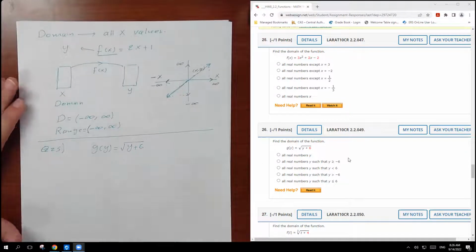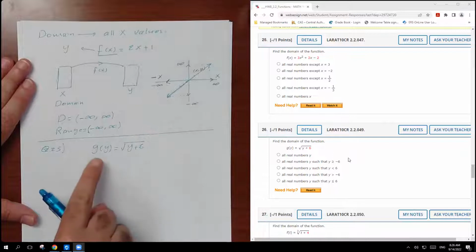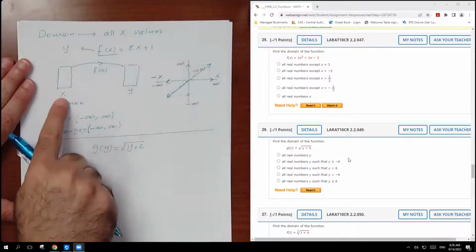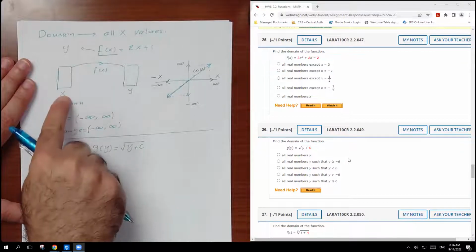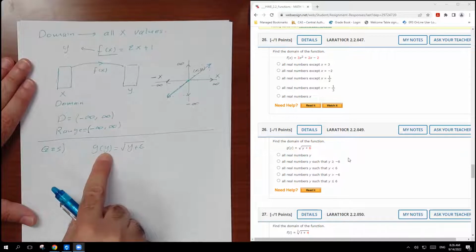Don't confuse yourself. The difference between this one and this one: g is the function, y is the input. Here, inside the parentheses is x, which is the domain. And in this function, between the parentheses is y. That means the input is y.